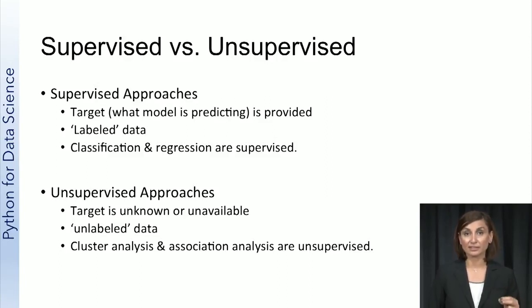Instead, the segmentation is performed using a clustering technique to group items based on characteristics they have in common. Thus, the data is unlabeled, and the task of grouping customers into different segments is an unsupervised one. In general, cluster analysis and association analysis are unsupervised approaches.